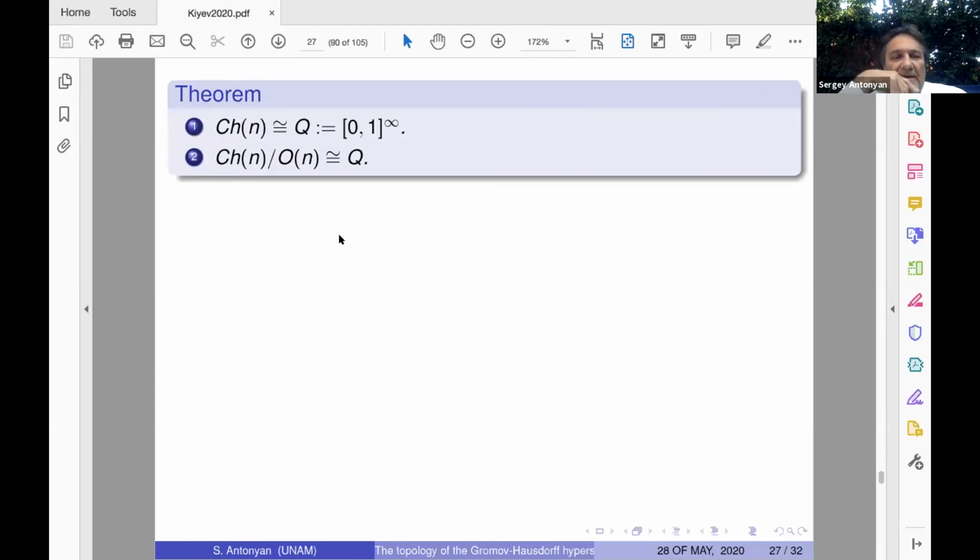In the next theorem, we claim that the Chebyshev hyperspace is homeomorphic to the Hilbert cube, which by definition is the countable power of the closed interval [0,1]. And also its orbit space is homeomorphic to the Hilbert cube.